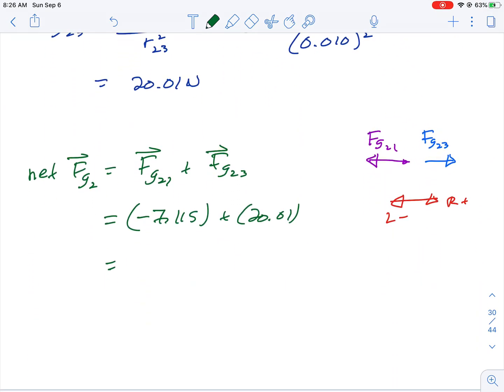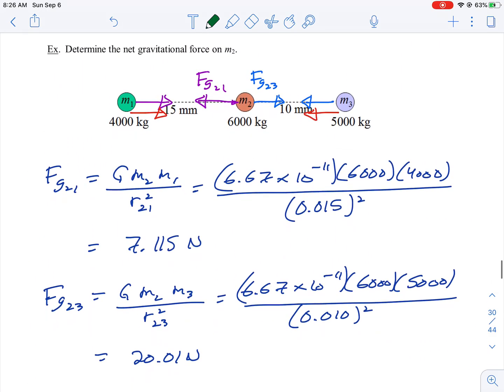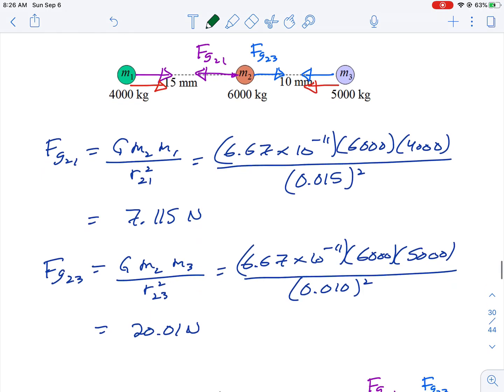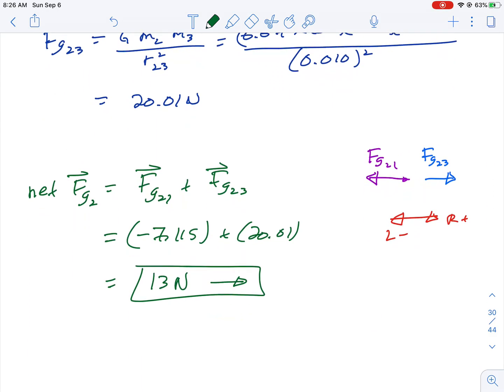So that comes out to be 13 newtons, which is positive, which means it's to the right. Okay, so that's a net question. And again, the key for this one here is make sure you draw a proper force diagram, calculate the two forces, and then just use a reference system, because it's 1D, to figure out the net force.